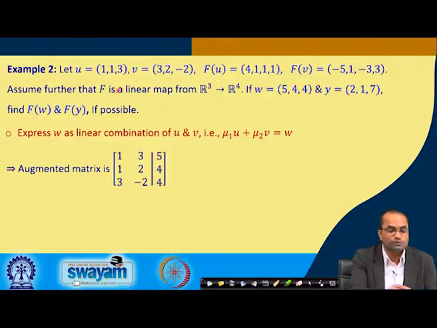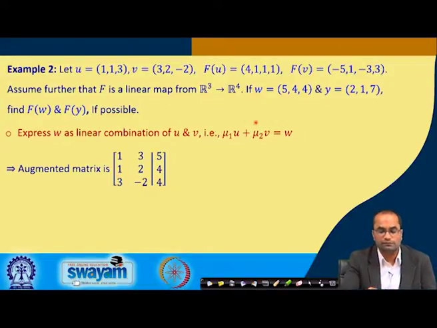Here u was (1, 1, 3), so that will be placed here in the column when we write down these system of equations. The first equation we will get is 1 times mu 1 plus 2 times mu 2 is equal to the first component of w, that is 5. The second equation will be mu 1 plus 2 mu 2 is equal to 4. The third equation will be 3 mu 1 plus minus 2 mu 2 is equal to 4.